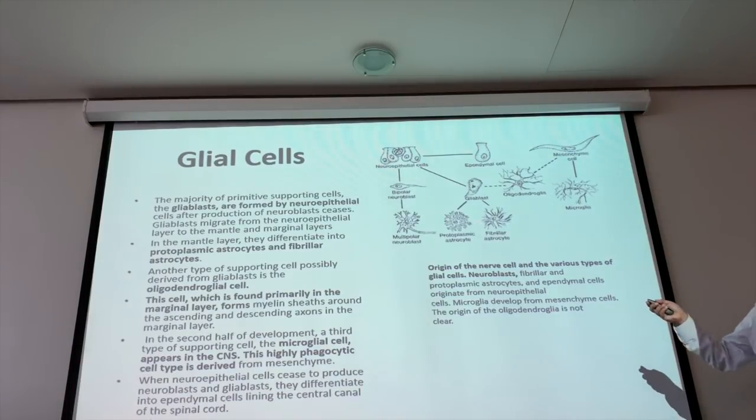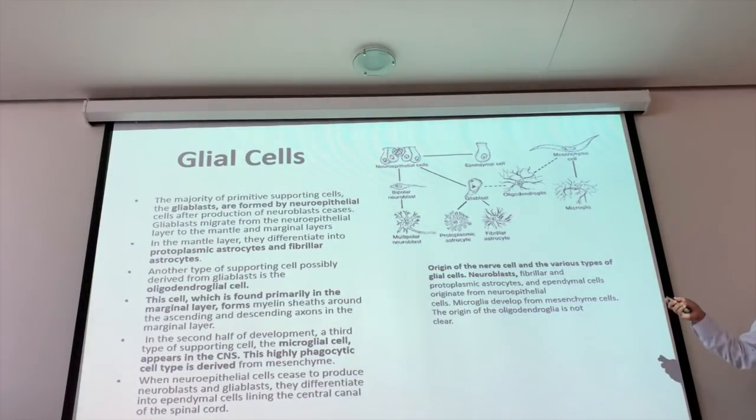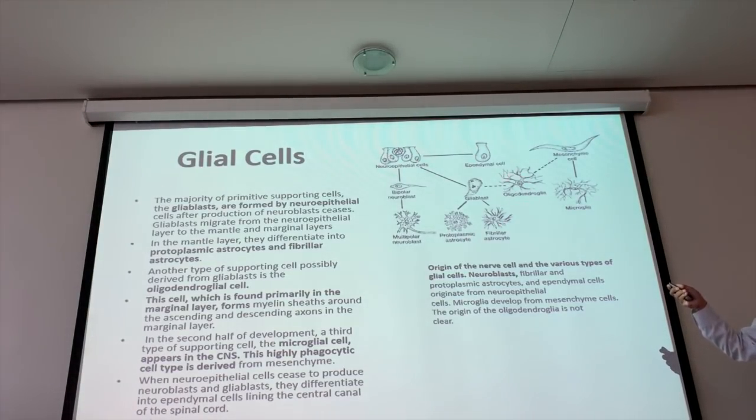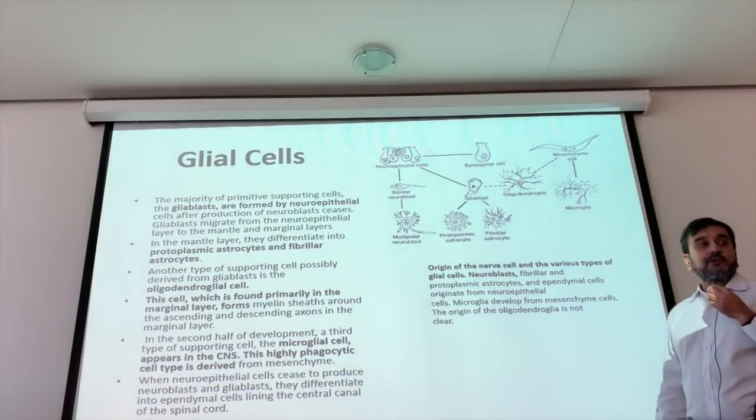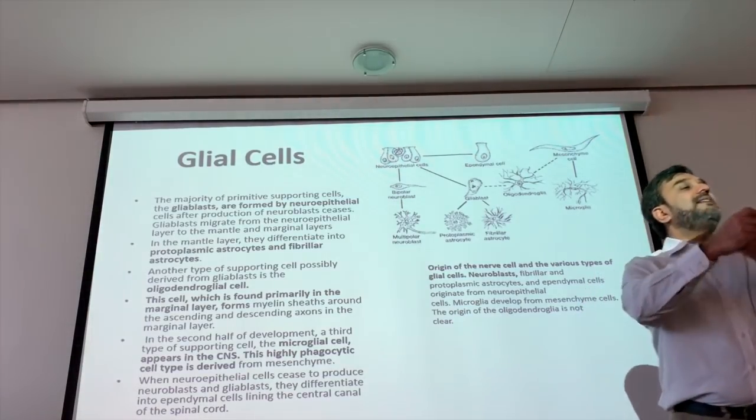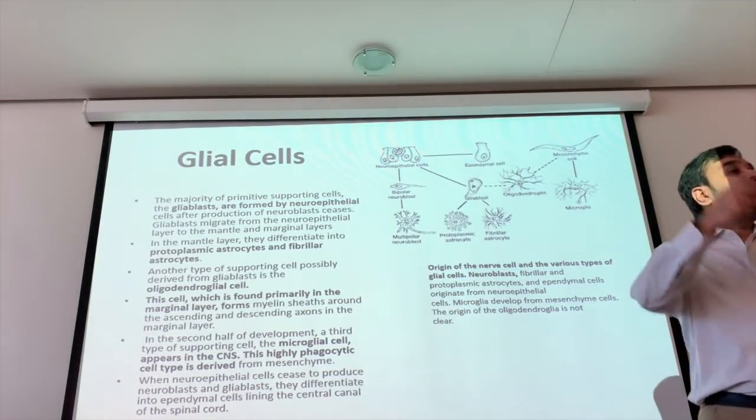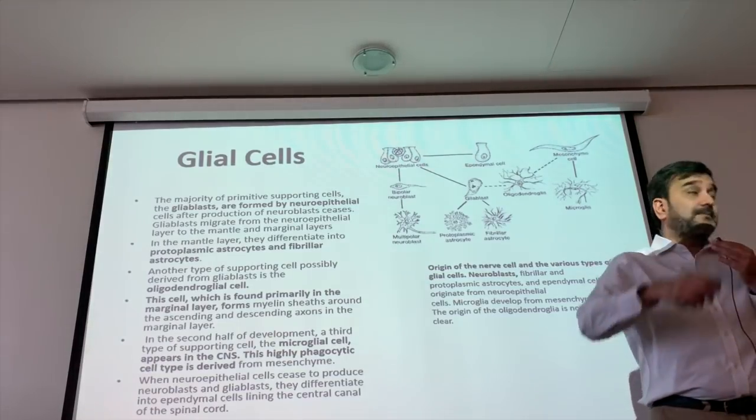In the brain you have no fibroblasts, but you have these glial cells which are called astrocytes. The other type of glial cells present in the central nervous system are called oligodendroglia, and oligodendroglia are important in myelination of the neurons in the central nervous system.